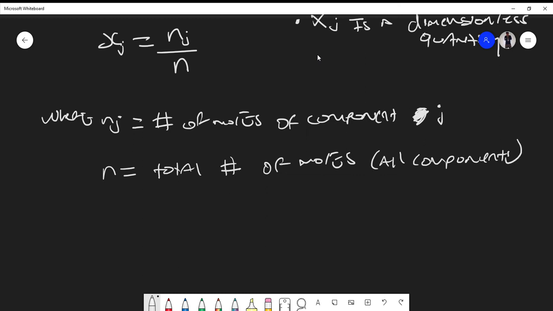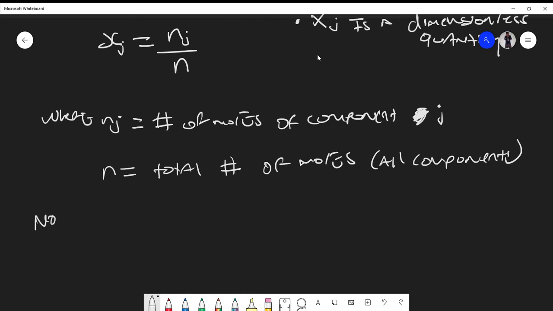Right? So again, nj is the total number of moles for the j component, whereas n in our denominator is the total number of moles for all components. So that's how we define the mole fraction.